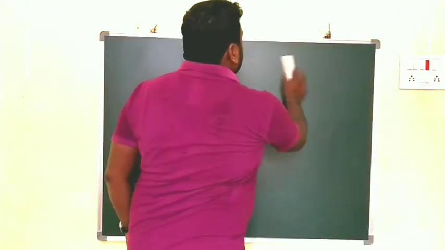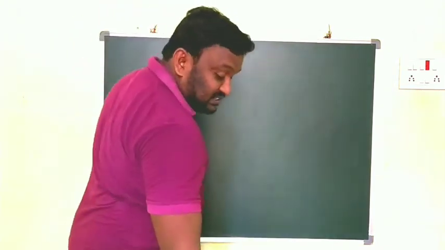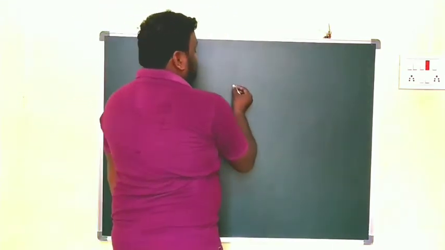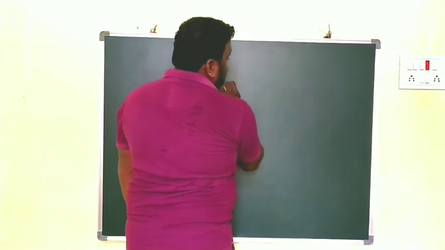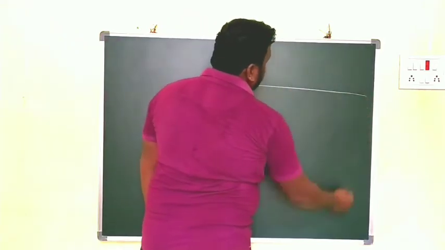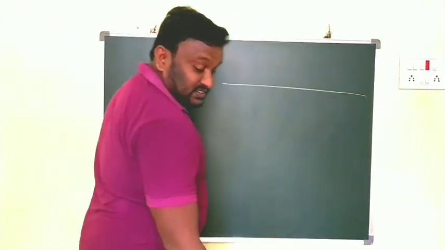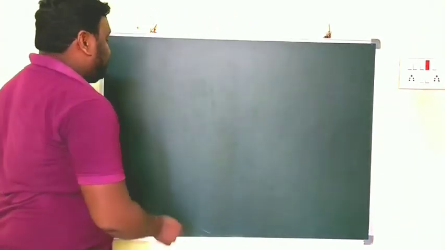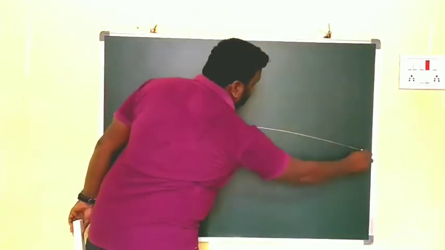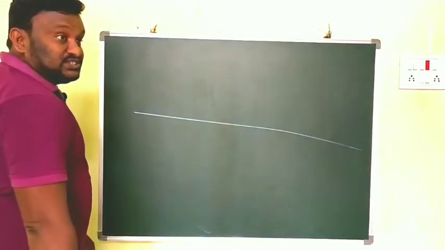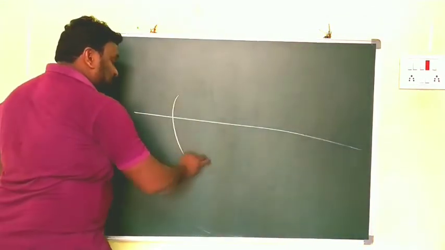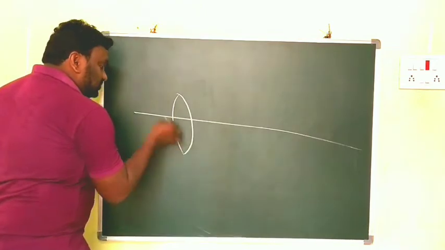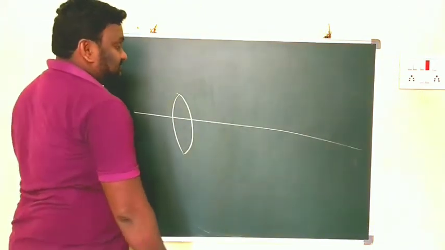So the compound microscope consists of two lenses. Children, the body is smaller in size, that's why I am drawing it first. The diagram is very large, then after that we go for the derivation. Now this is the optical axis. This is the first lens.